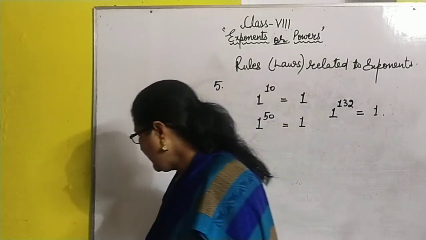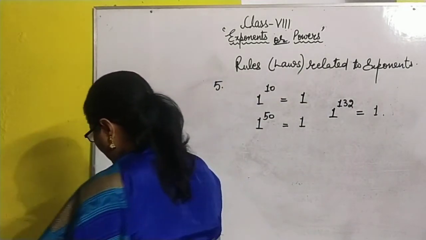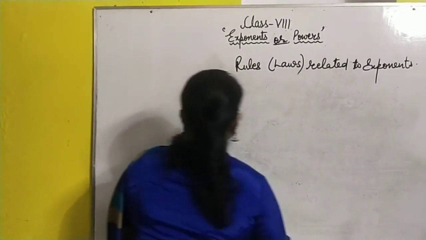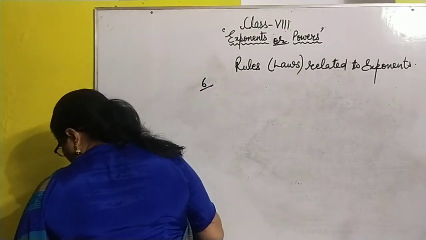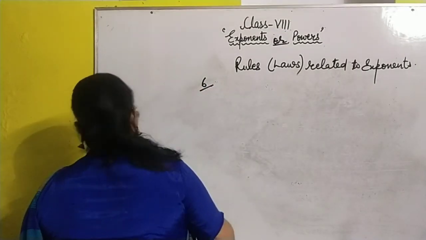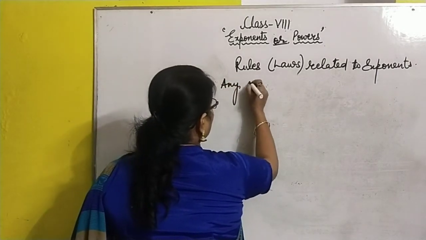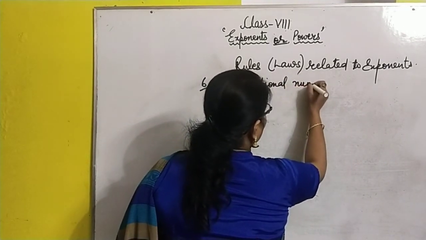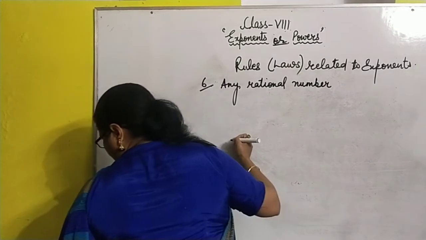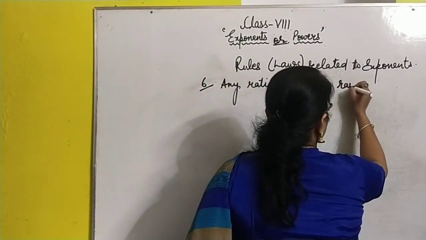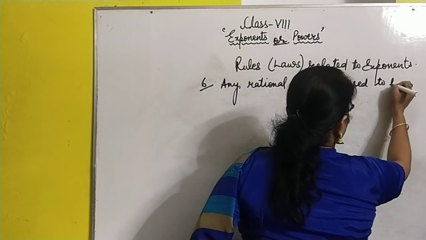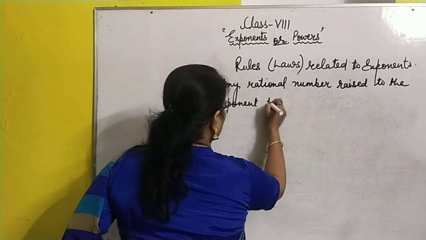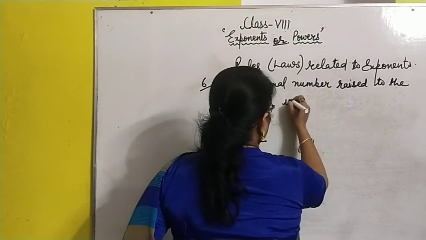Okay, now I am telling you rule number 6, that is very easy also. The rule says that any rational number raised to the exponent 1 is the number itself.